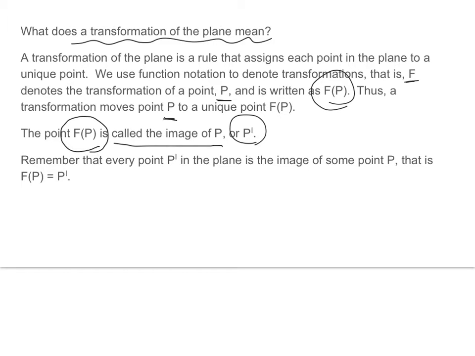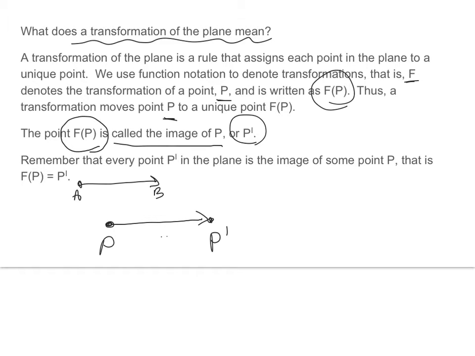Remember that every point P prime in the plane is an image of some point P. So F of P equals P prime. If we just translate it, let's say we translate it along ray AB, then F of P, translated about the same amount, is P prime. That's not too bad.